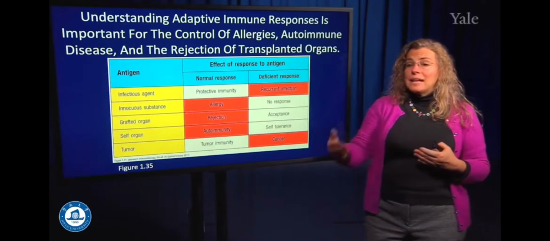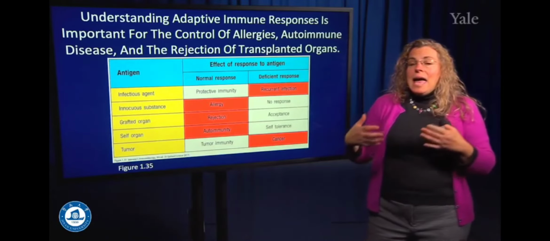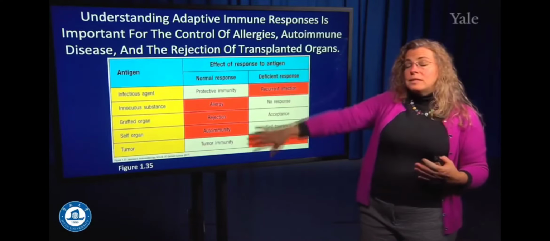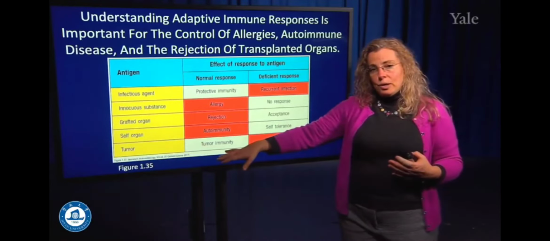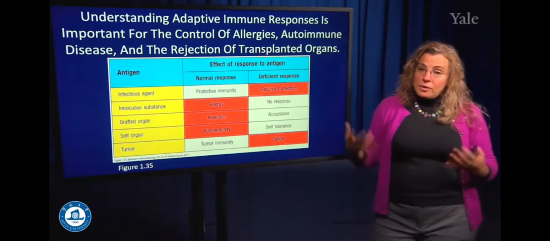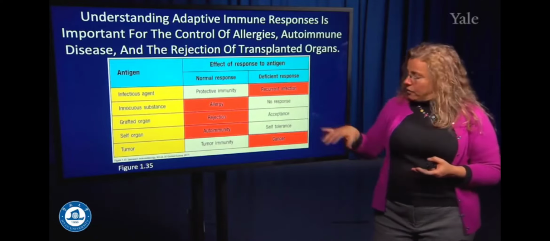They change and do become foreign. And if our immune system can see that, then our immune system can actually eliminate a tumor. But of course, that doesn't happen all the time, and if our immune system cannot eliminate cancerous cells, then unfortunately you can get cancer.